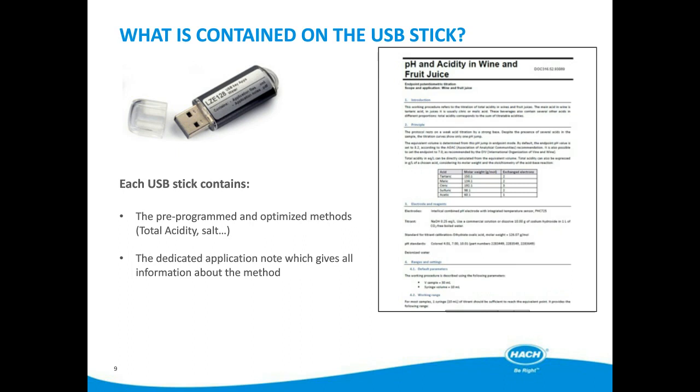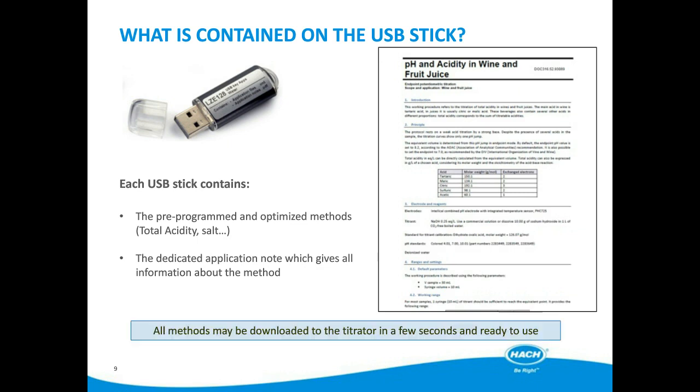The application note is a document which explains completely how the method is working. If you want to adapt some things, all the information is clearly explained in the application note. And you have, after, only to download to the titrator the method that you need in a few seconds, and the method and the instrument will be ready to work.